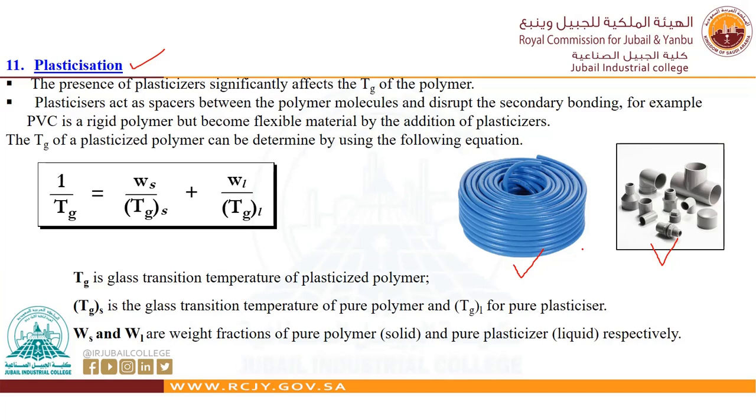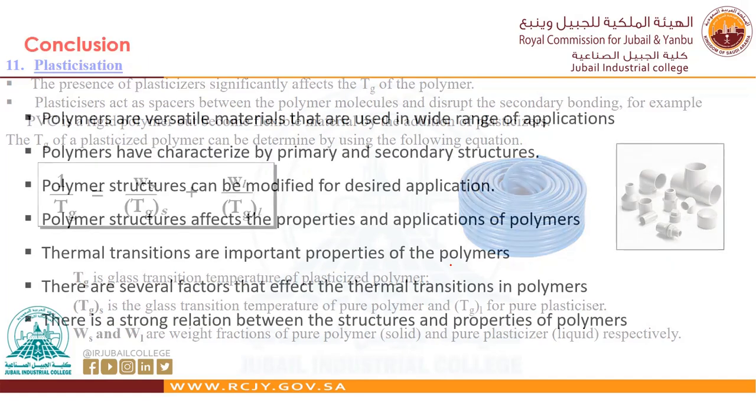Because of that, you end up with polymers with different Tg, the same polymer PVC, and here you have rigid and flexible. The flexible one usually has low Tg, and this can also be determined depending on to what extent you want to modify the flexibility. You can use this equation to determine the amount of plasticizer that will give you the polymer with the desired Tg.